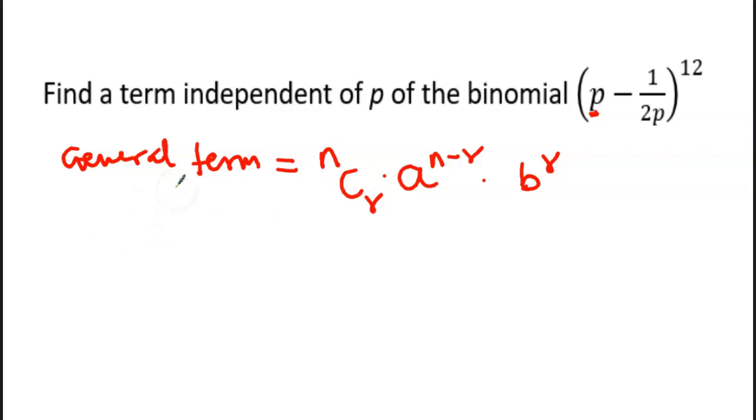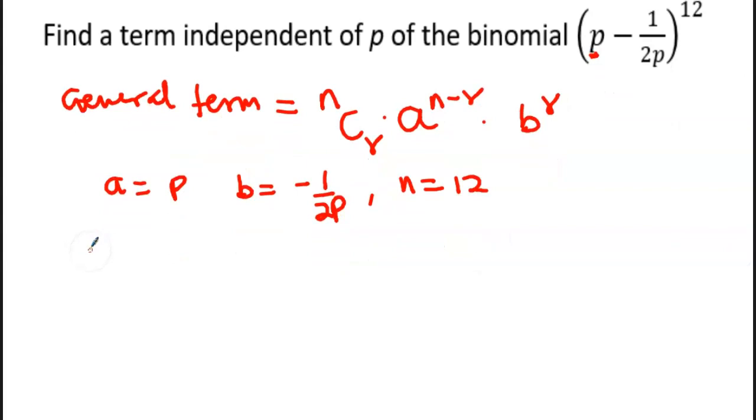Now, from the question, our a is equal to p, that's the first term of the binomial, and then b is minus 1 on 2p. We have n is equal to 12, that's the number of terms. Let's substitute them in the formula.